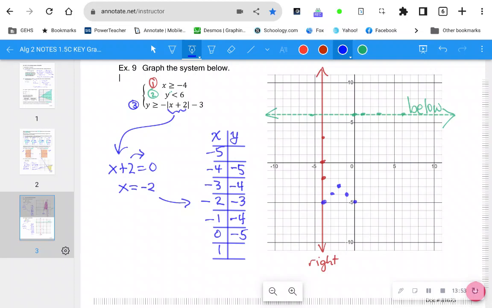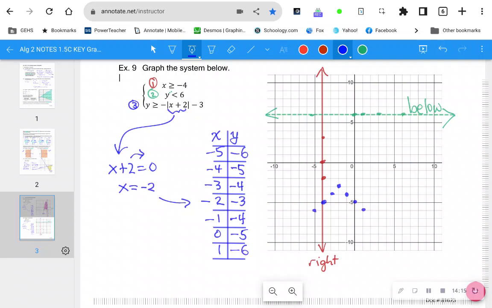Okay, we're going to do 2 more here. -5 plus 2 is -3. Absolute value is +3. Change the sign, you're back to -3. -3, you'll get -6. And this one will be -6 too. And you can plot those and you can see where this is going here.